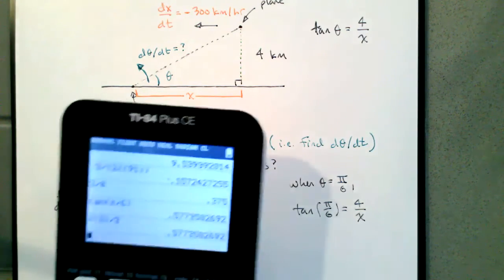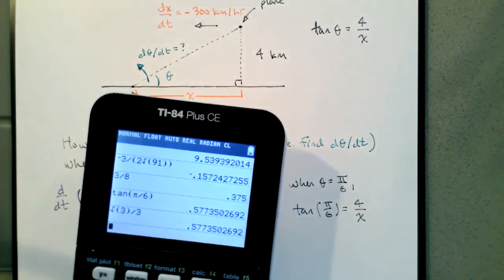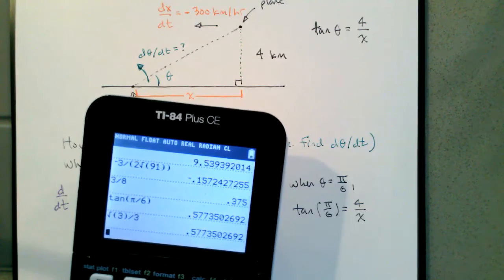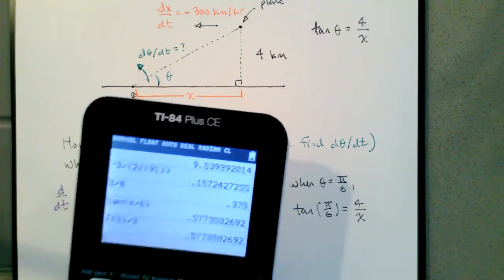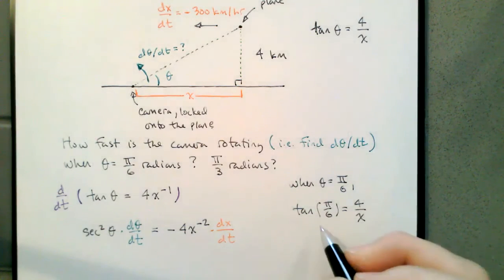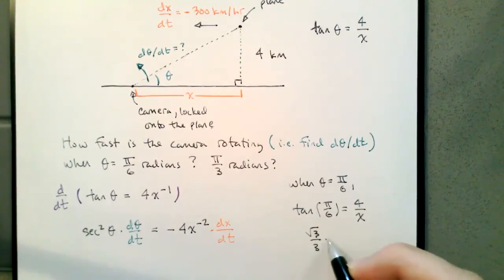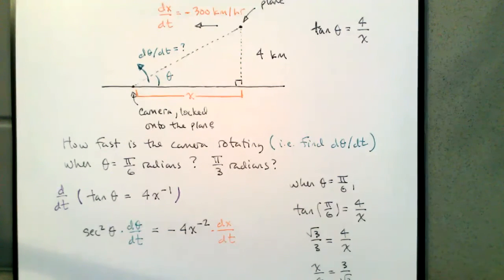So what's the tangent of pi over 6? If we can't remember, we can ask our calculator. And it's 0.577. If we want the exact value, we just have to remember that tangent of pi over 6 is √3 over 3. So imagine your 30-60 right triangle and find the opposite over the adjacent. So tangent of pi over 6 is √3 over 3, and this is equal to 4 over x. So x over 4 is 3 over root 3.